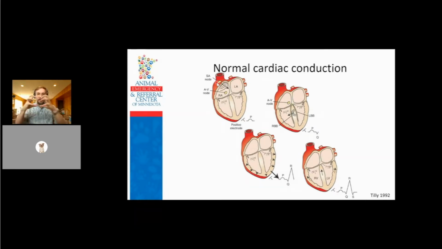And then as the atria depolarize, which causes the contraction, you get the P wave. And then when it gets down to the AV node, it slows down. And so you get that PR interval where nothing's happening on the EKG. And then once that signal gets through the AV node, it goes out quickly to the ventricles and you get your QRS complex.